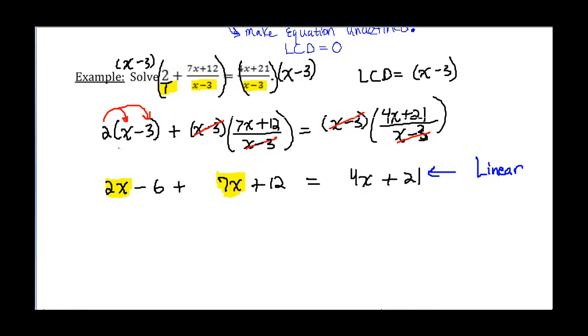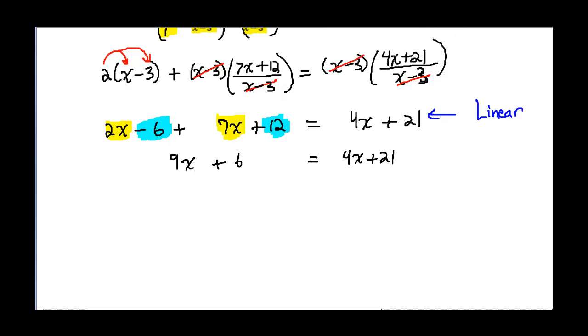Since it's linear, we need to combine our like terms. The 2x and the 7x are like terms, and this negative 6 and this positive 12 are like terms. They combine to give you 9x plus 6 equals 4x plus 21. Since it's linear, get all my variable terms on one side and my constant terms on the other.